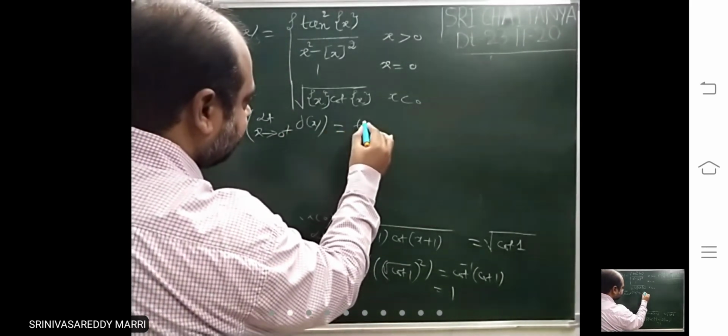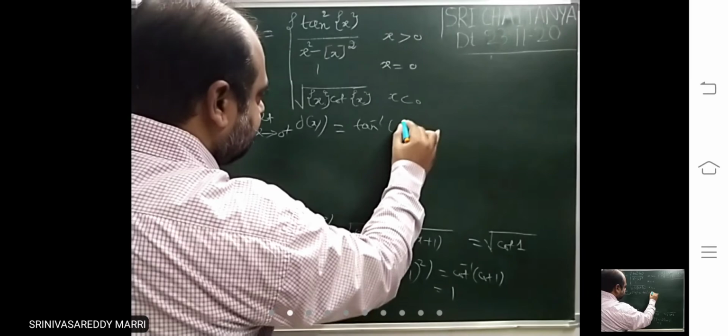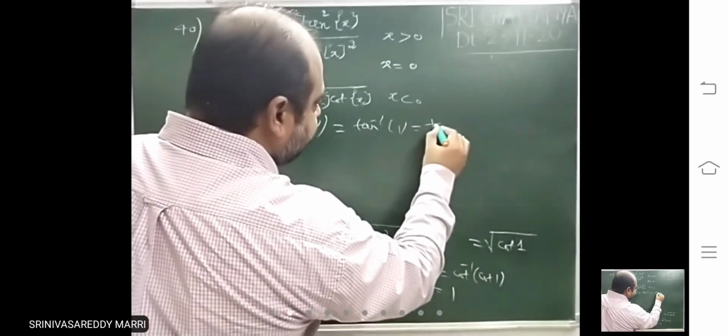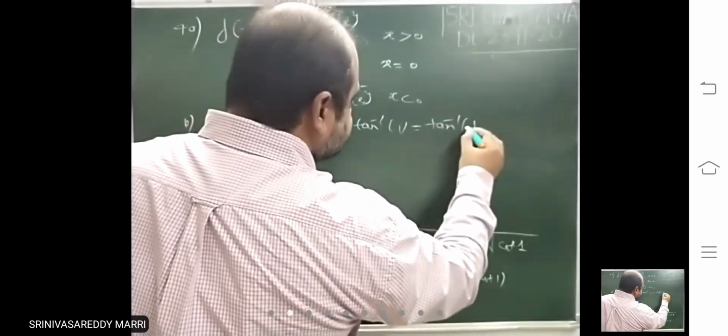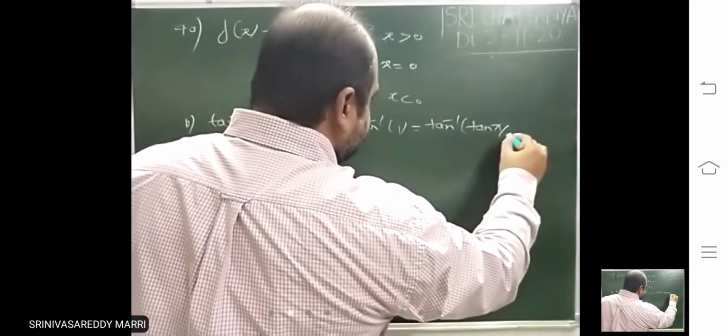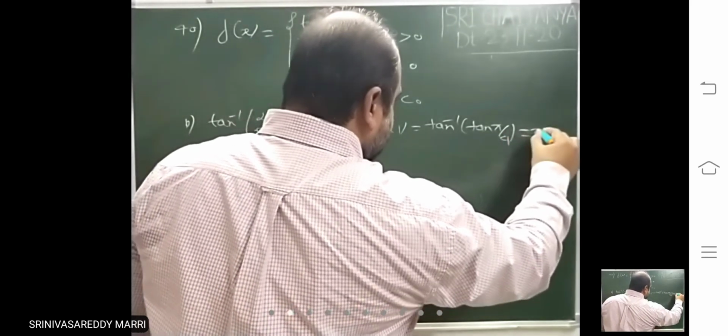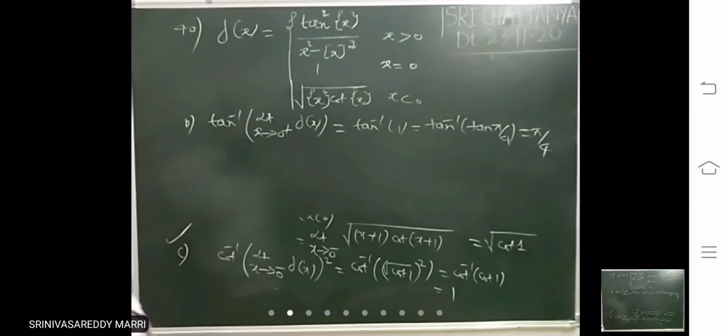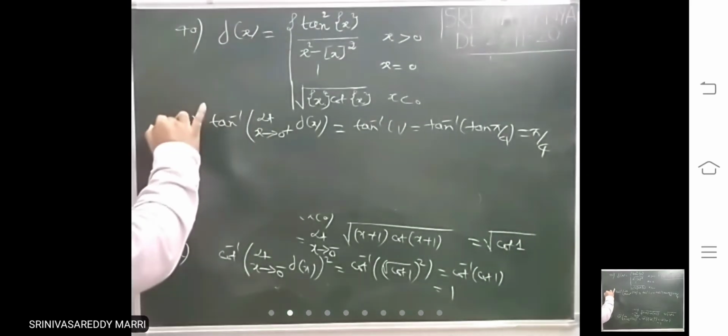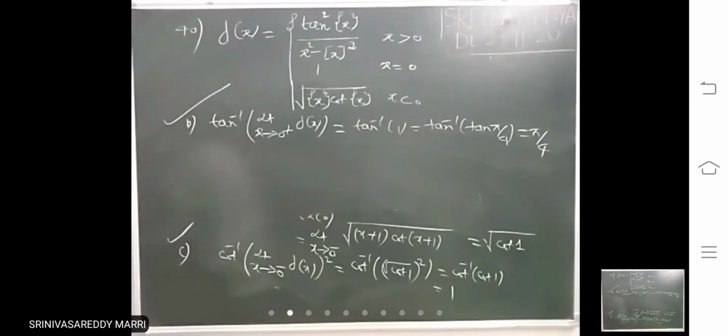For 0 plus we got 1. Tan inverse 1. From inverse trigonometry we have learned tan inverse tan pi by 4, that means pi by 4. That is the answer. So D option is also correct. All the options are correct.